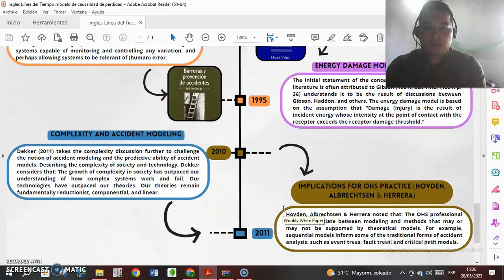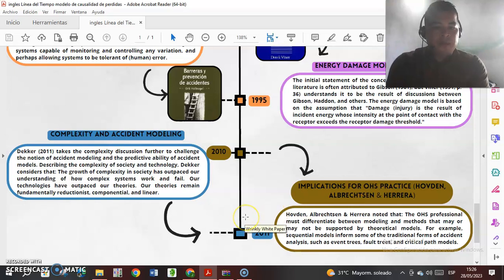In 2010, complexity in accident models. Dekker, in 2011, takes the complexity discussion further, in 2010 implication for his practice, Hollnagel, Albrechtsen, Herrera.